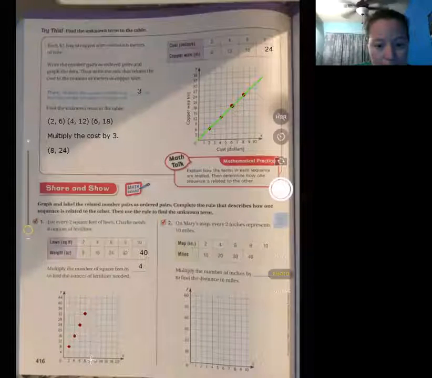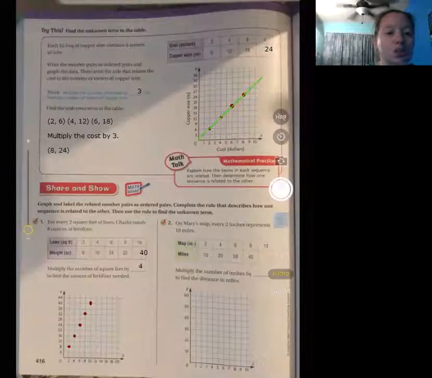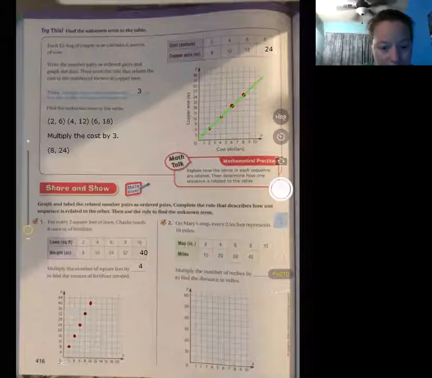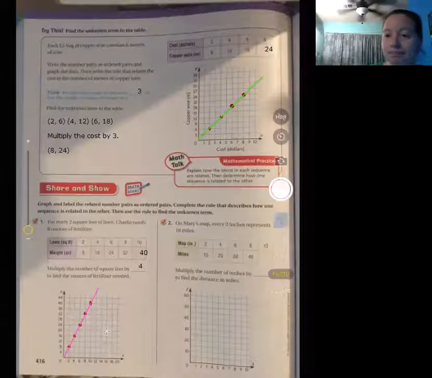Over to the 10, up to the 40. So you're going to end up with your dots looking like that. We can then draw a line that looks just like that through the entire thing. Okay, so that's number 1.